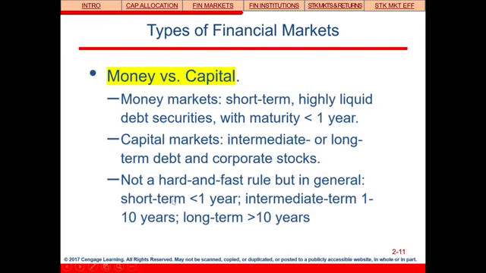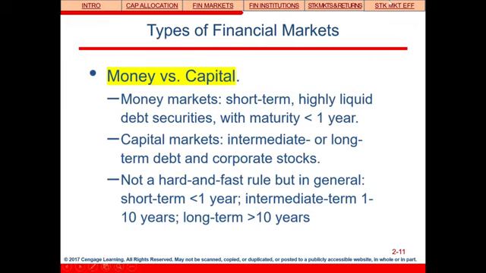This is not a hard and fast rule, but in general, whenever we say short term, we mean below 1 year. Whenever we say intermediate term, we mean the maturity is between 1 and 10 years. And if we say it's long term, then it's over 10 years. It's not very accurate, it's just what people generally mean.